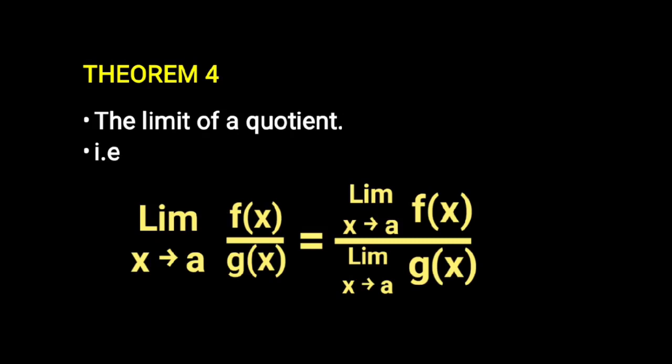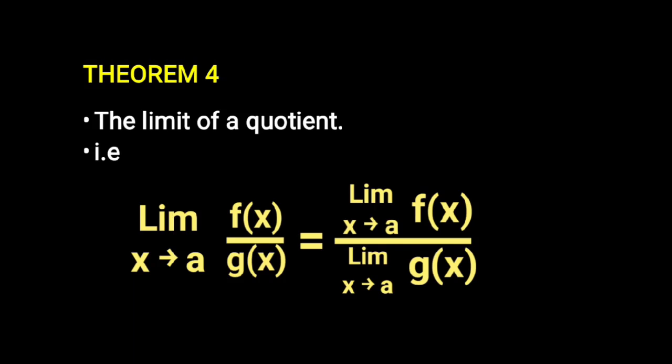Now, theorem 4, which is the limit of a quotient. That is, limit of f of x over g of x when x approaches a is equal to limit of f of x when x approaches a over limit of g of x when x approaches a.